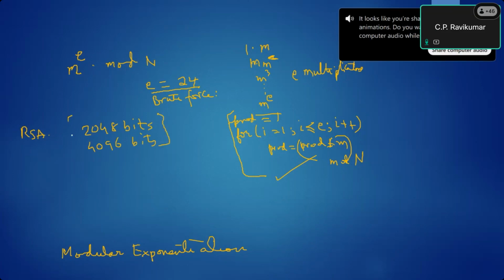So that is the size of these numbers. Imagine doing this multiplication approximately 2048 times. It will be too expensive. So we need to figure out a way to make this faster, number one.